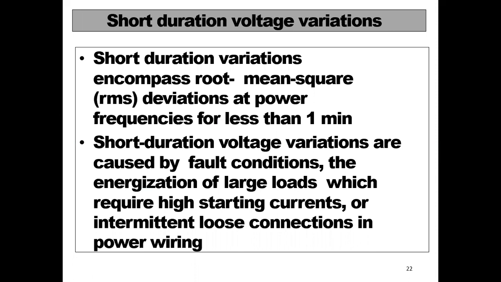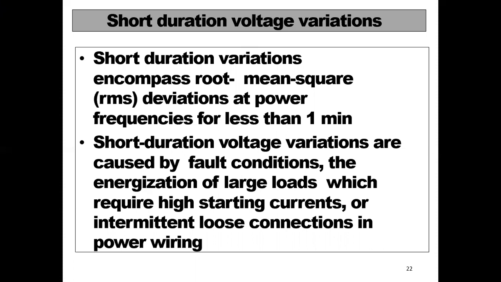Next one is short duration voltage variations. Short duration variations encompass RMS deviations at power frequency for less than 1 minute. It means there is a voltage variation in the system at power frequency lasting less than 1 minute.